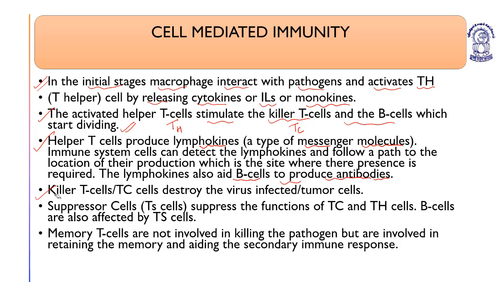Killer T cells, or cytotoxic T cells, destroy virus-infected cells and cancer cells or tumor cells. So killer T cells, or cytotoxic T cells, basically have antigen receptors like this.